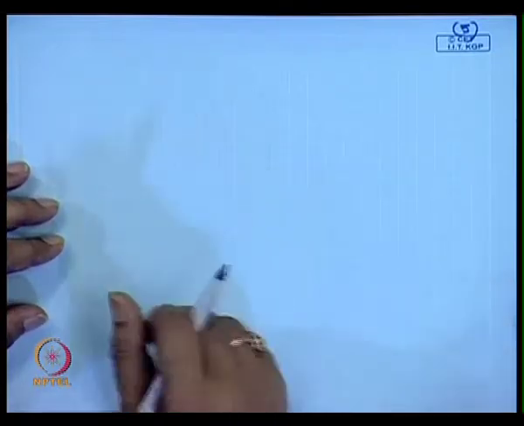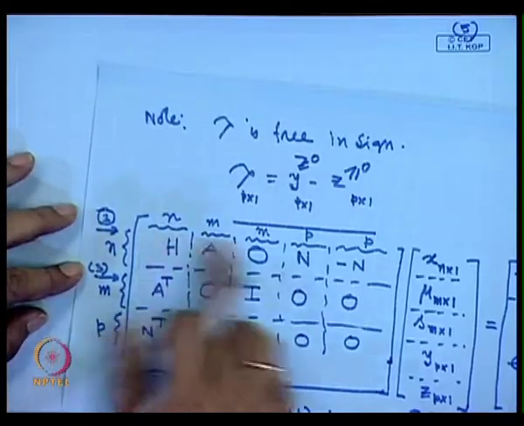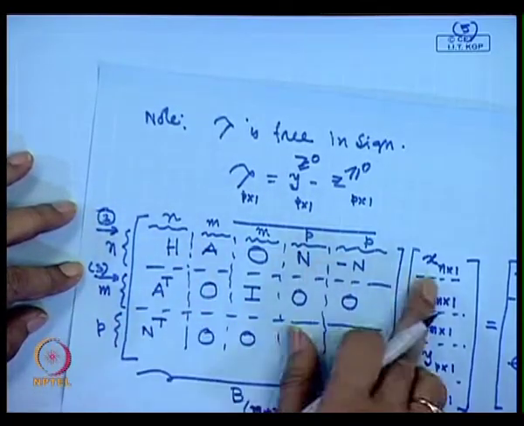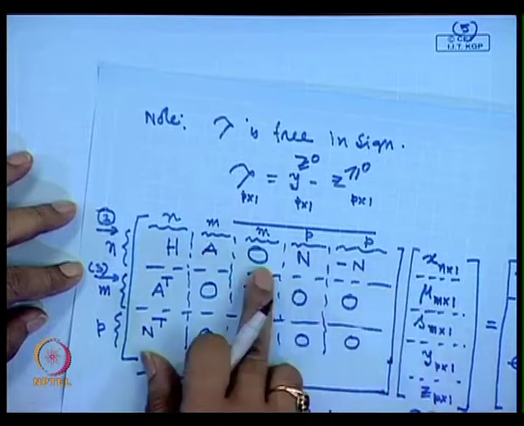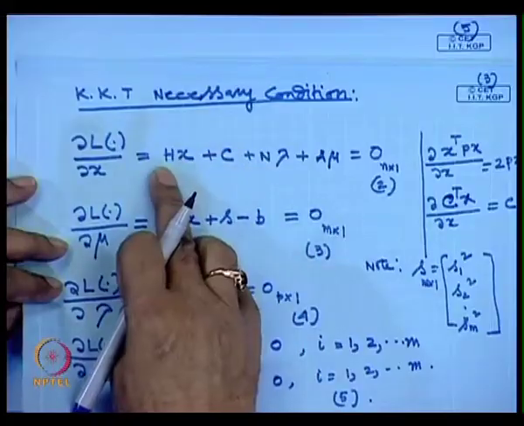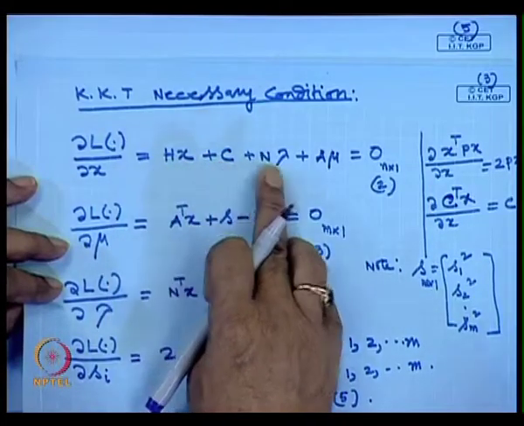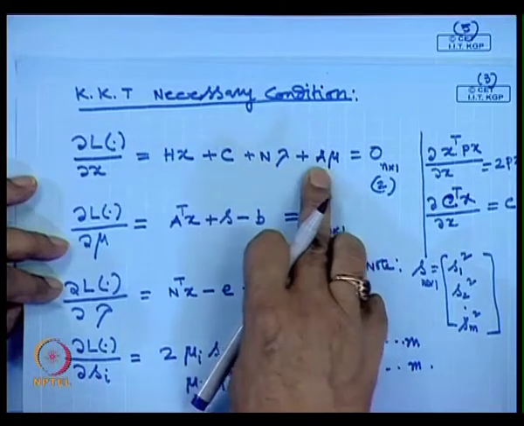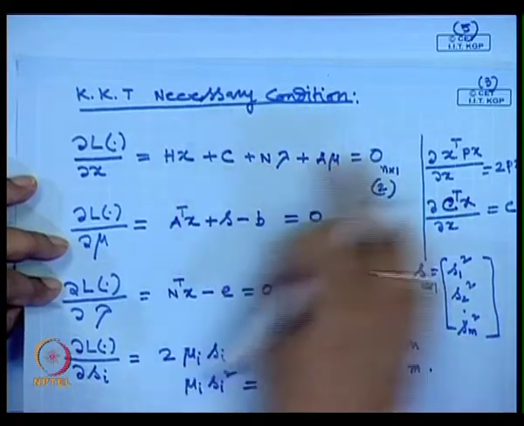Now, if I write this equation, I can write it as H into x plus A into mu plus N into y minus z is equal to minus c. What does this equation stand for? Put the value of H, put the value of c, put the value of N, and put the value of A in this expression, then you will get this expression.